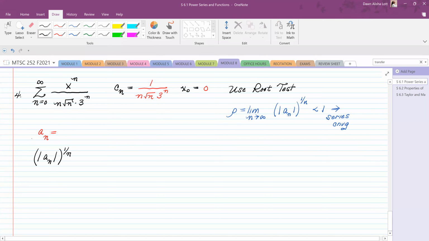So what is an? It is x to the n over n, the square root of n, times 3 to the n. That's an.